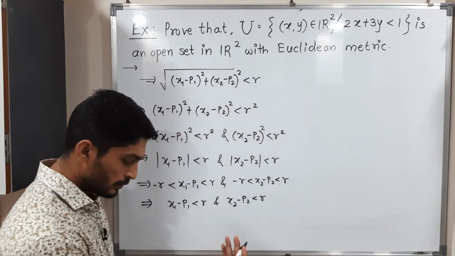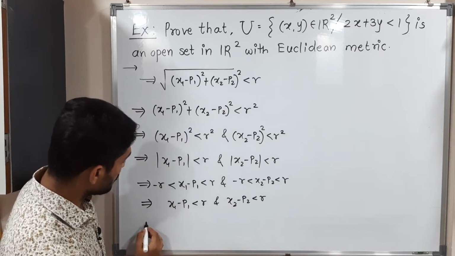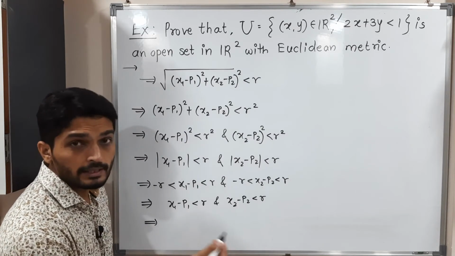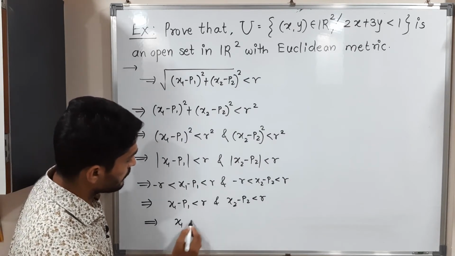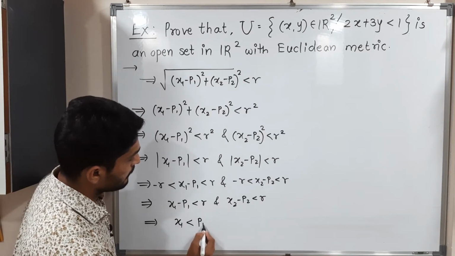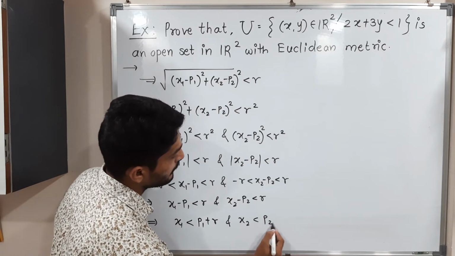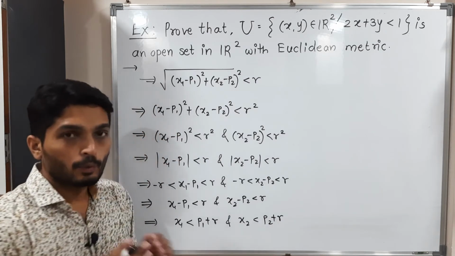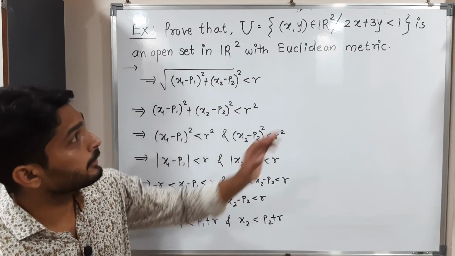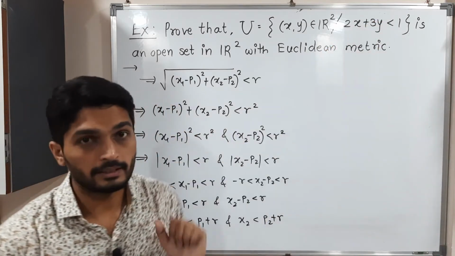Okay, so let us continue. See, what will I do? I will shift p1 to that side. So x1 less than p1 plus r and x2 less than p2 plus r. See what I am trying to do now: I am trying to bring that inequality here.